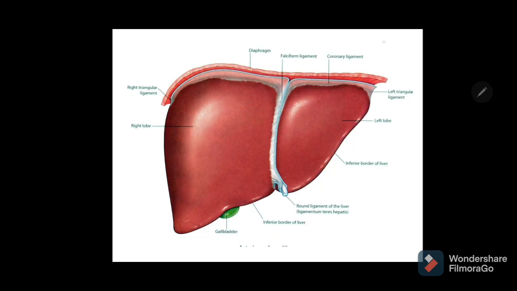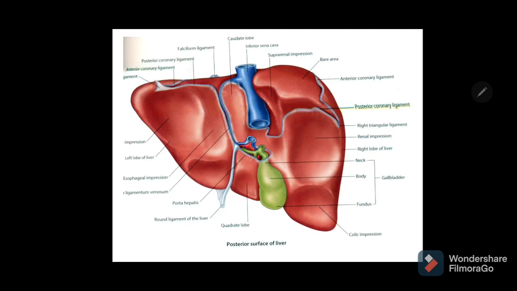You can see there part of the gallbladder extending beyond the inferior border of the liver. This is the fundus part. It is located obliquely here to the right of the quadrate lobe, and to the left of the renal impression and colic impression.